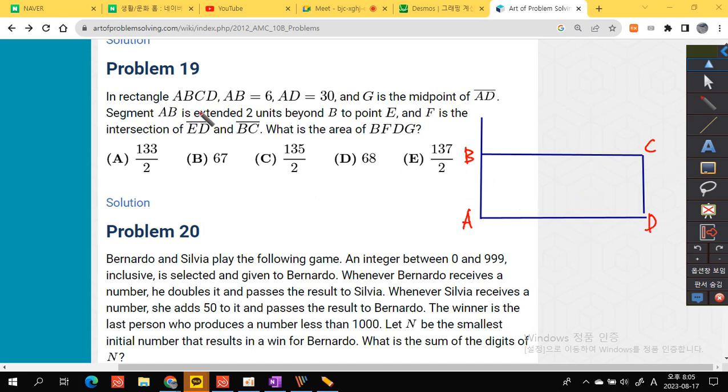And then AB is extended to E, and F is the intersection of.